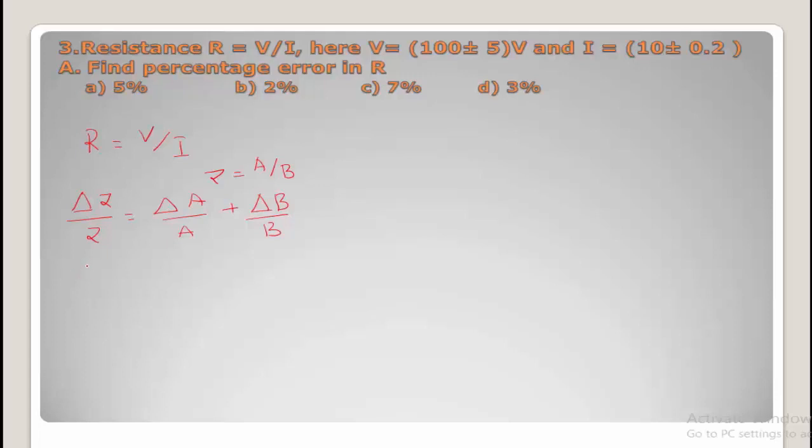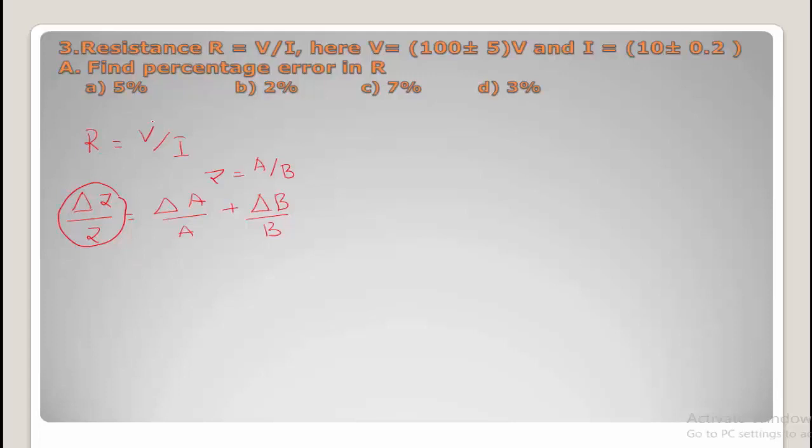So you have to apply this formula to find out the percentage error. So this ratio delta Z by Z is nothing but the relative error.